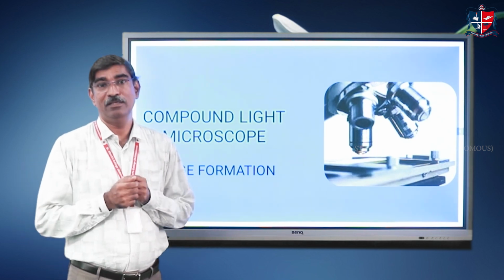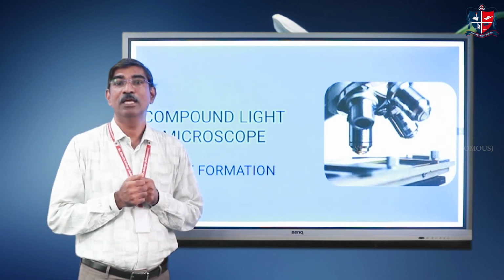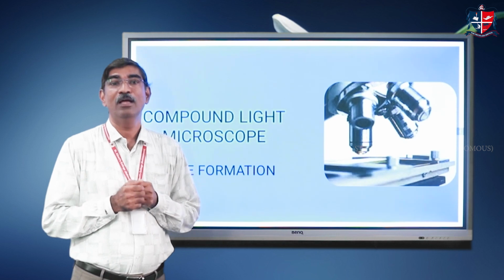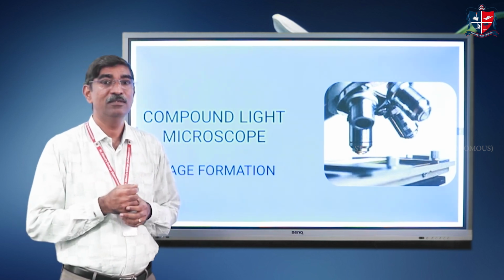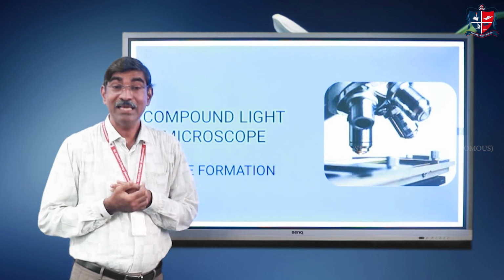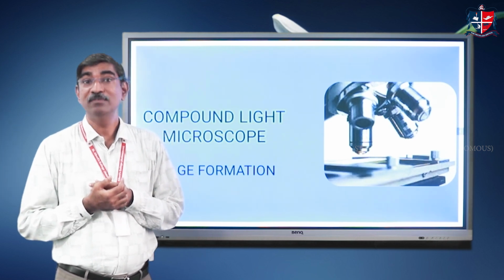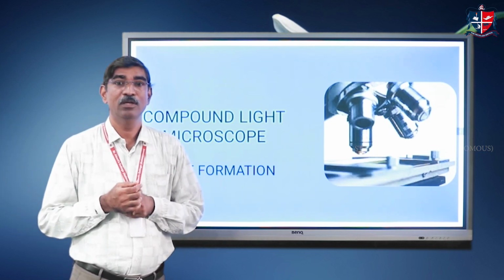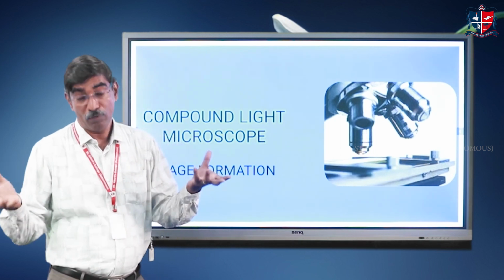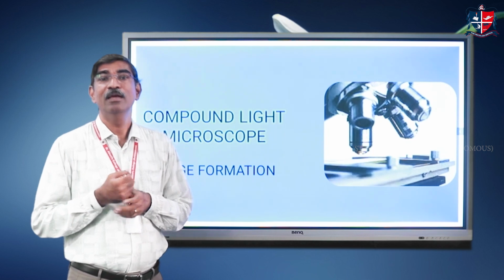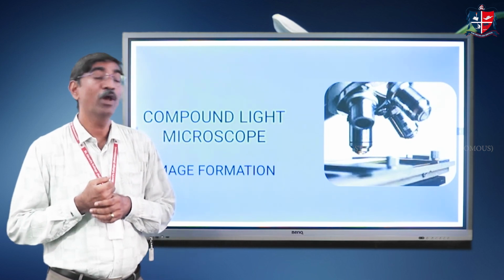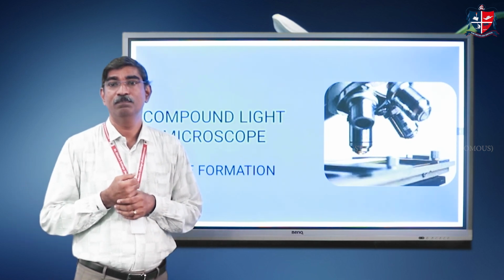The diversity of these microscopes ranges from a simple magnifying lens to complex instruments like electron microscopes, confocal microscopes, etc., which are very complex in their instrumentation and working procedures.